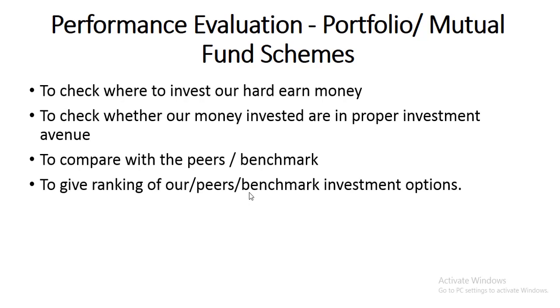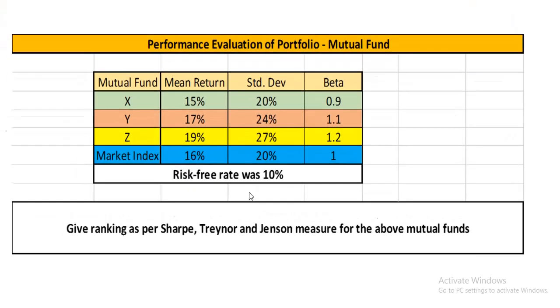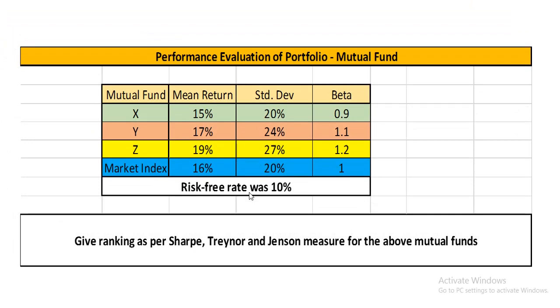Now let us see one hypothetical mutual fund scheme, and how we can evaluate its performance. Before we start, there are three measures of mutual fund evaluation: the Sharpe Ratio, the Treynor Ratio, and the Jenson Ratio.